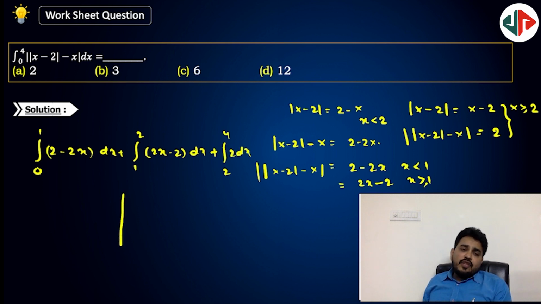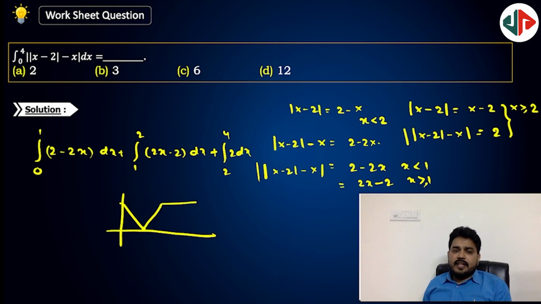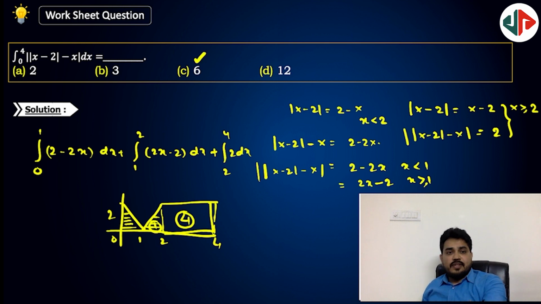With visualization, at x equal to 0 the value will be 2, going to 1, then this and then this. This is 4, this is 2, 1, 0, and this value is 2. So this area is 1, this area is 1, this area is 2 into 2, which is 4. 4 plus 1 plus 1, the answer will be equal to 6.